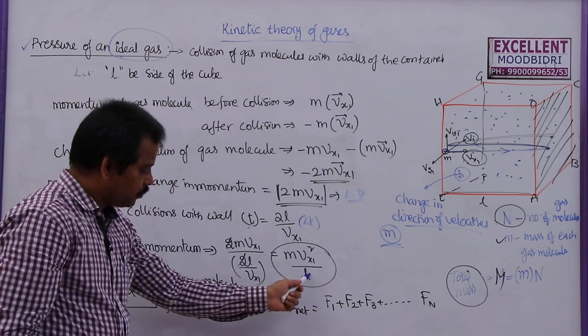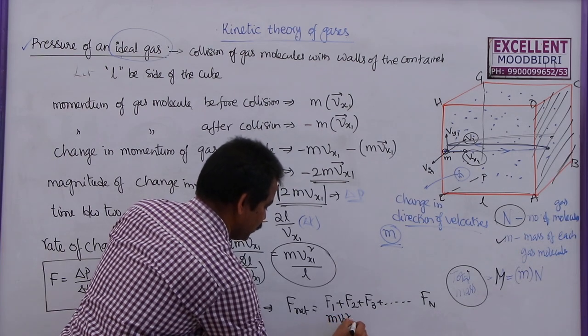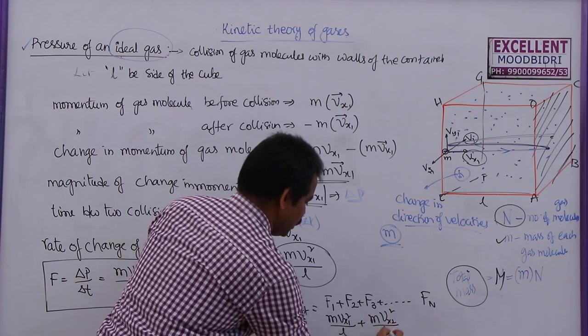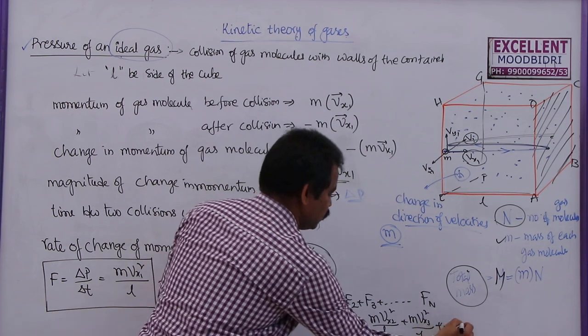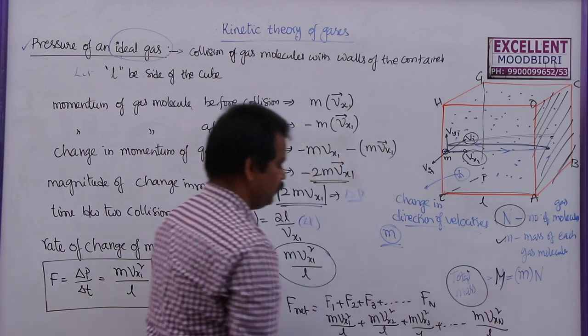So what is the force due to one particle? I am going to write this as m vx1 square by L, m vx2 square by L, m vx3 square by L, and so on, m vxn square by L.